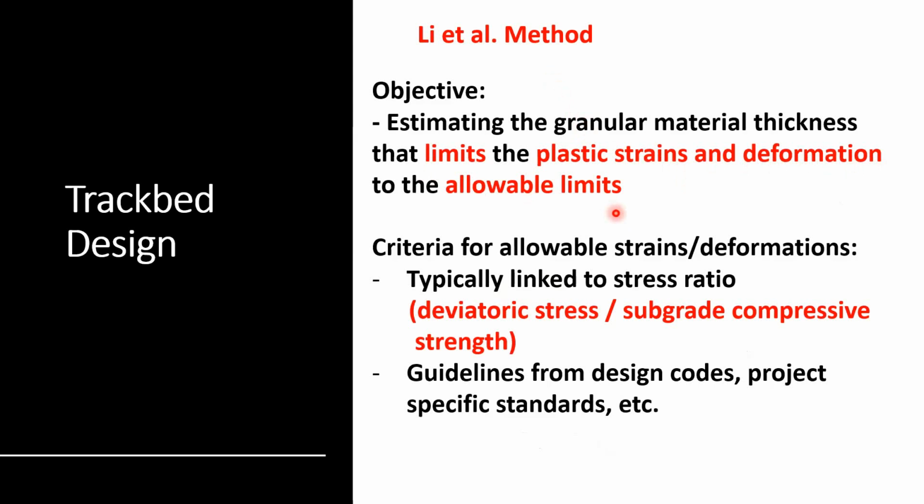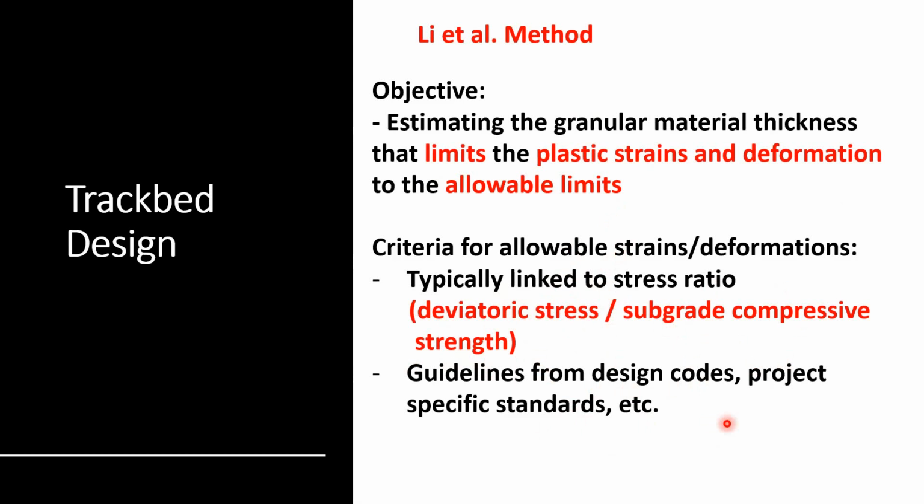Now, the criteria for allowable strains and deformations, I personally like to link them to the stress ratio if we're dealing with soils in general. So how much deviatoric stress you're getting versus how much compressive strength you're expecting your soil to give you. And also there are design codes, project specific standards, and manuals that provide guidelines.